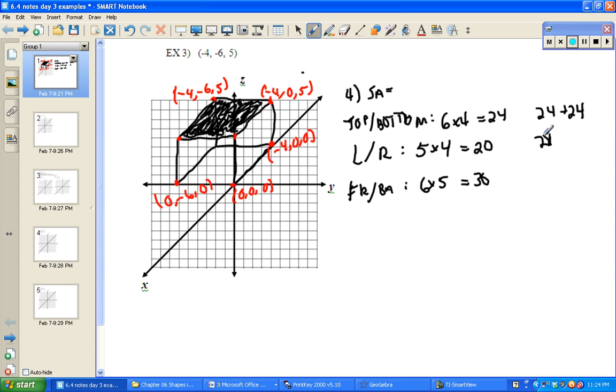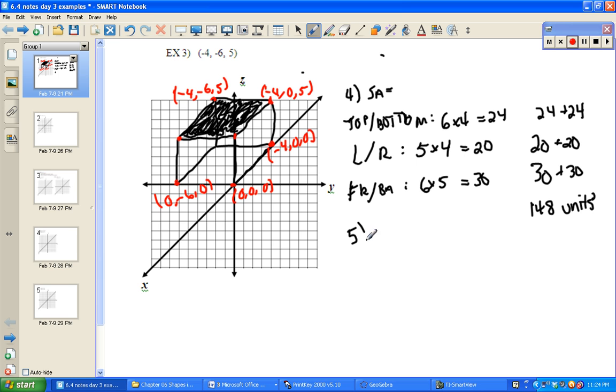Oops, that's supposed to be a 20. Let's fix that. And then the front and back are 30 and 30. So we add this up, we end up with 148 units squared. Okay, so that's the surface area.